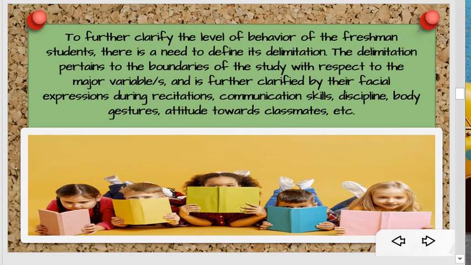To further clarify the level of behavior of the freshman students, there is a need to define its delimitation. The delimitation pertains to the boundaries of the study with respect to the major variables and is further clarified by their facial expression during recitation and communication skills, discipline, body gestures, attitudes towards classmates, etc.